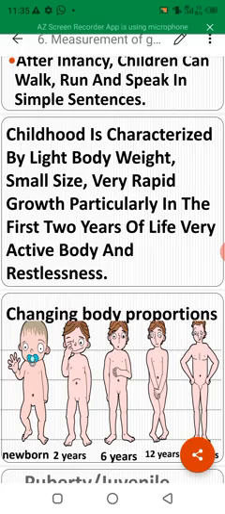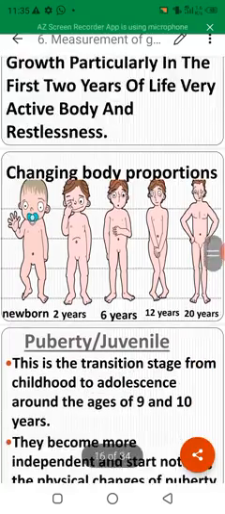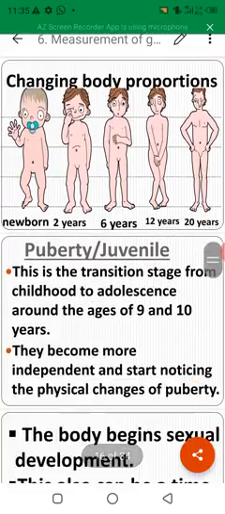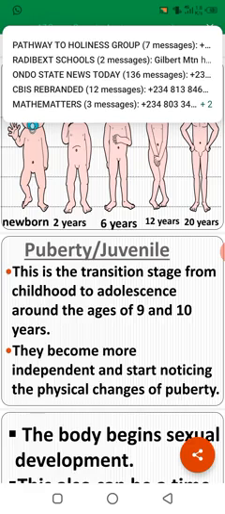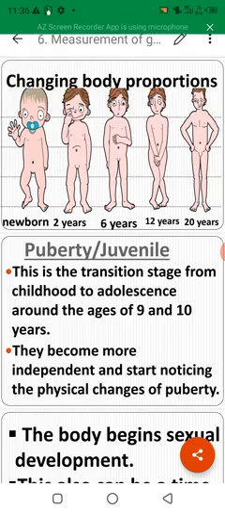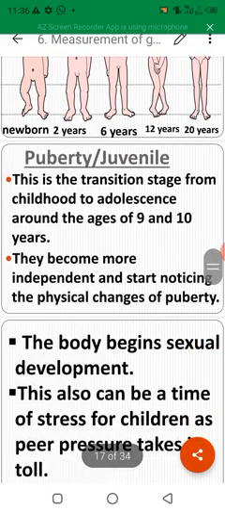They cannot stay somewhere. They move about. That's why their parents normally clear the way for them. Anything that would injure them is put out of the way. So you can see the developmental stages: newborn, 2 years, 6 years, 12 years, and 20 years.